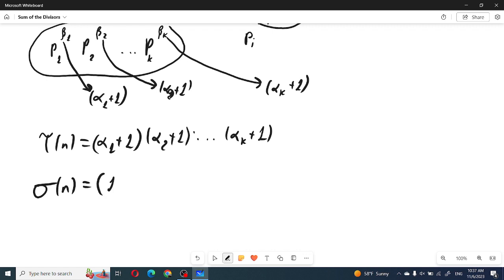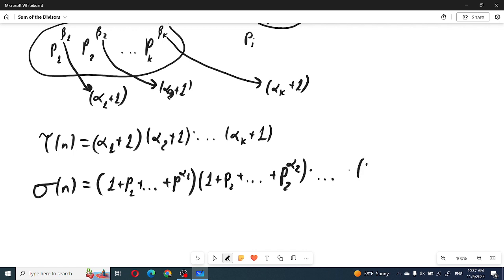And we will see that 1 plus p1 up to p1 to the alpha 1, times 1 plus p2 up to p2 to the alpha 2 power, multiplied by and so on, up to 1 plus pk up to pk to the alpha k power. This will give us the sum of the divisors. And now let's check why it is correct.